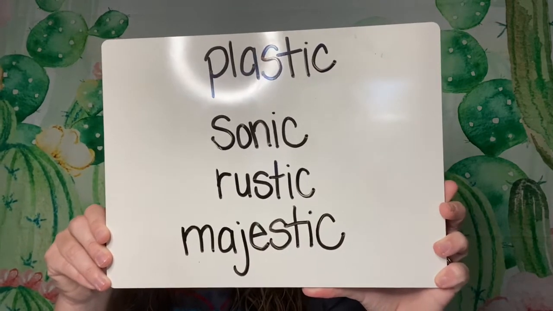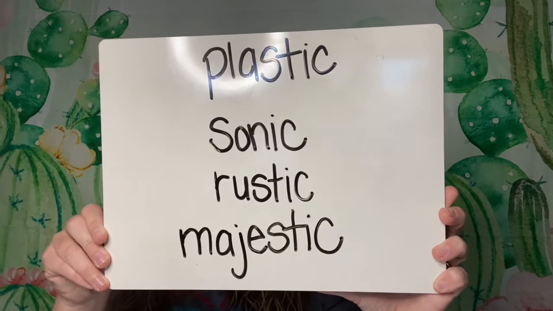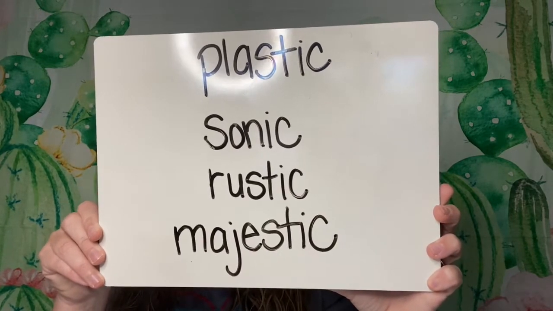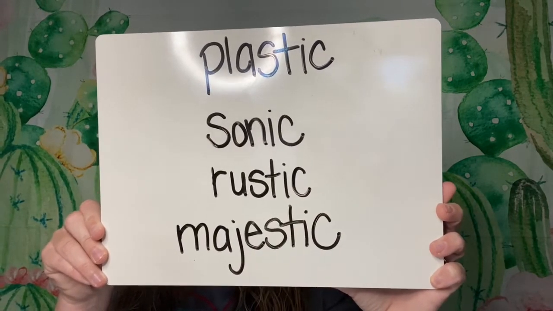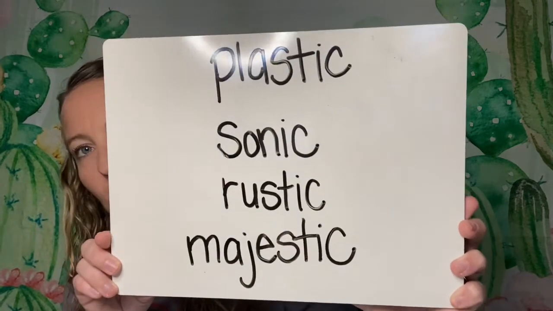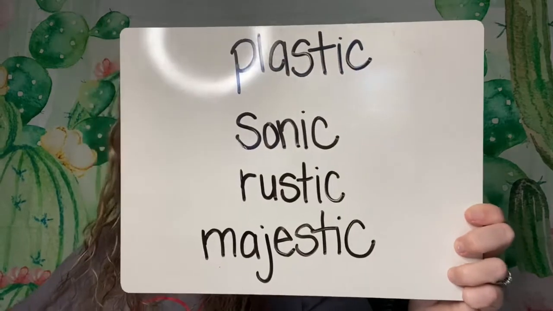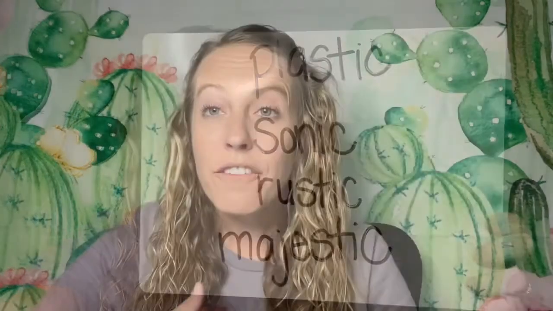Good, the letter C. When we used the other rules for spelling k at the end of words, the words had only one syllable. Are these one-syllable words? No. Good job. A few days ago, we learned that sometimes we can count the vowels to find out how many syllables a word has.